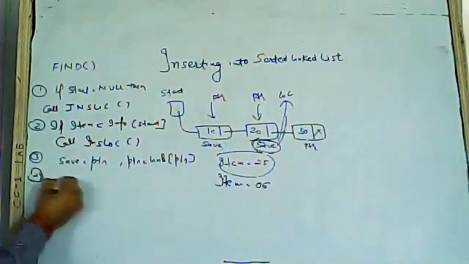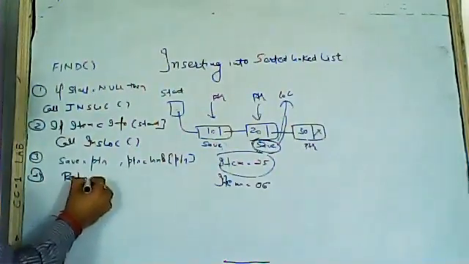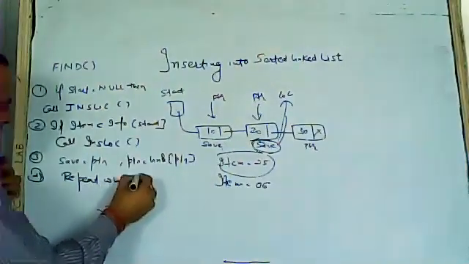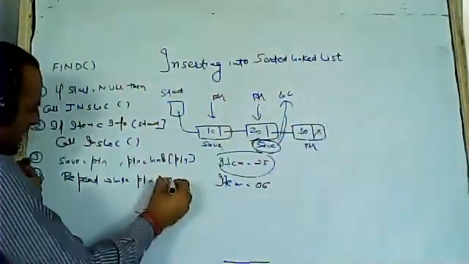Now, fourth step. Repeat while pointer is not equal to null.